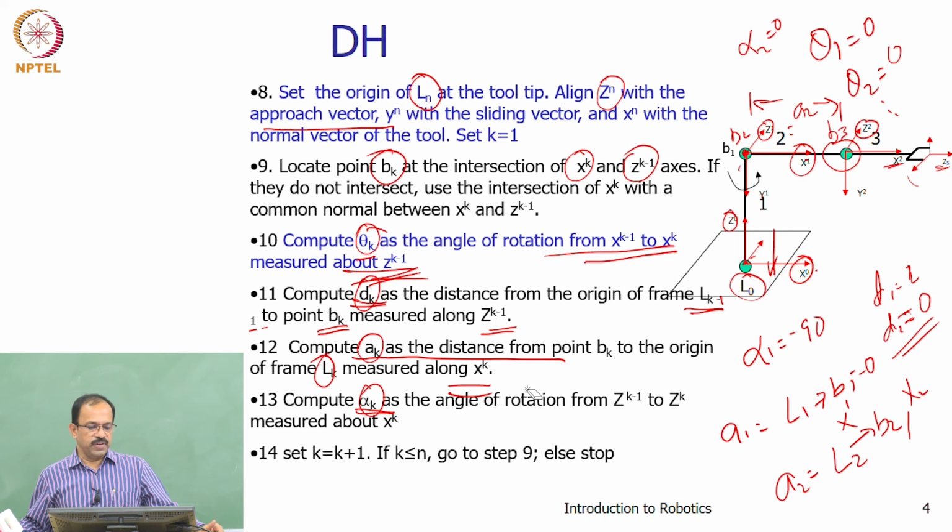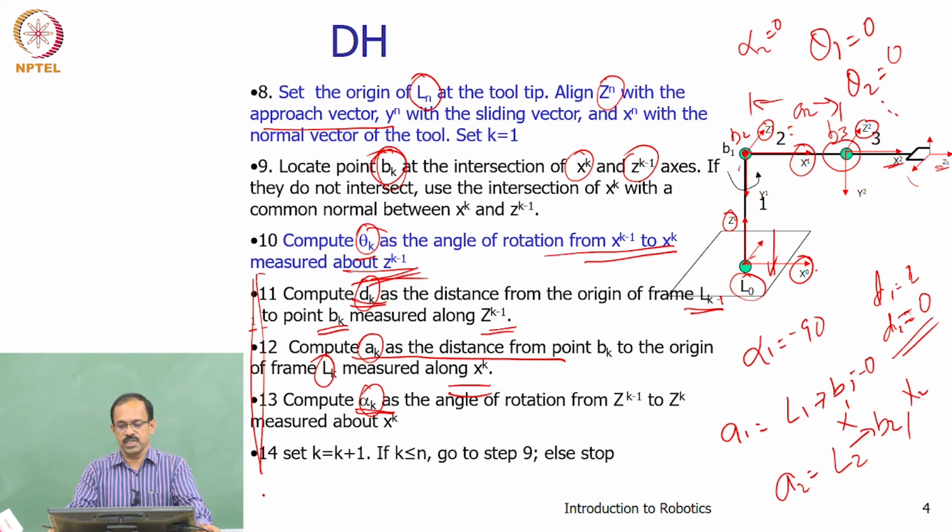So this is the way we assign coordinate frames for the manipulator and get the DH parameters for all the joints. For all the joints, we first assign coordinate frames based on the right-handed coordinate rule and the method mentioned, and then based on this you get all the joint parameters and link parameters for the robot, and that will give you the first step in getting the forward kinematics solved.